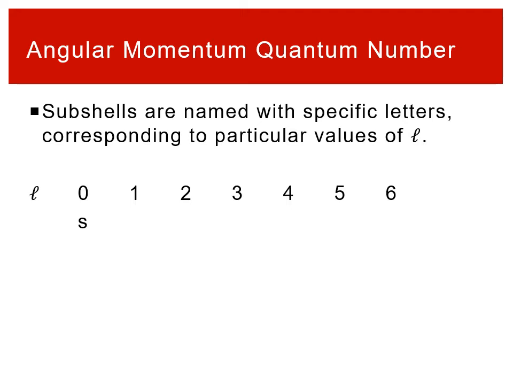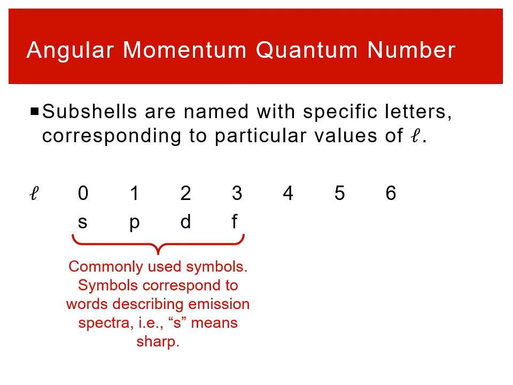So there is a letter that corresponds to values of L. L equals 0 is s, L equals 1 is p, L equals 2 is d, and L equals 3 is f. You will note these are totally not alphabetical. There's nothing about it, but these are the most commonly used symbols. These are going to be the most helpful for you to learn.